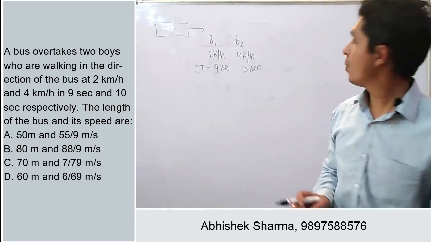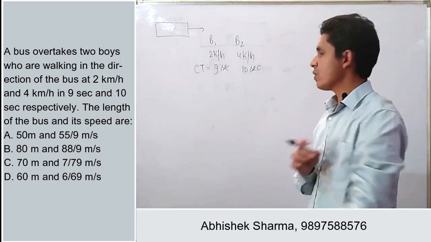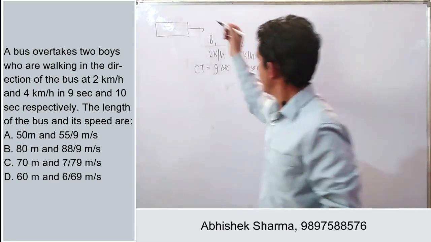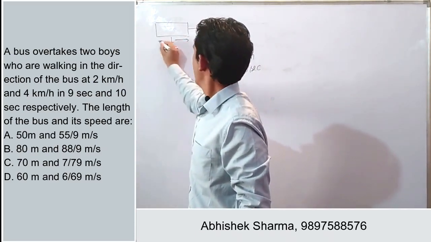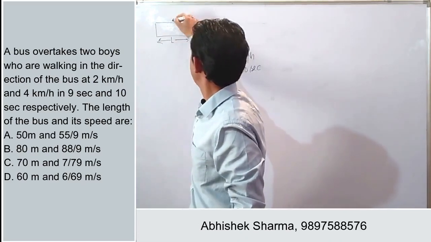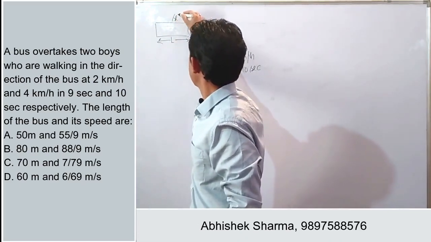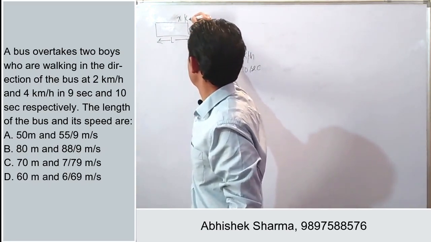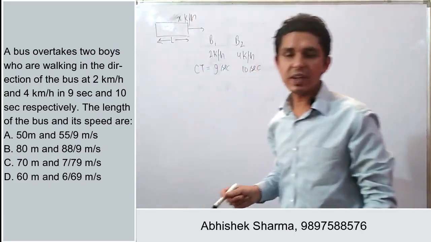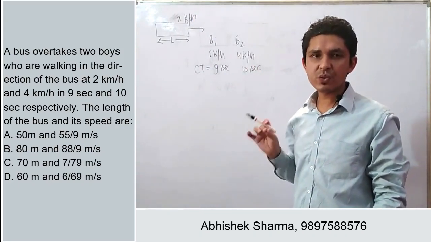So friends, the question is very interesting. How can the question be done? Let us suppose the length of the bus is L and the speed of the bus is x km per hour, right? The same thing we have to apply in this question also.